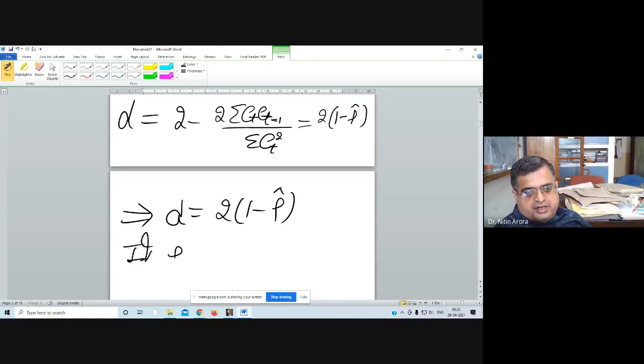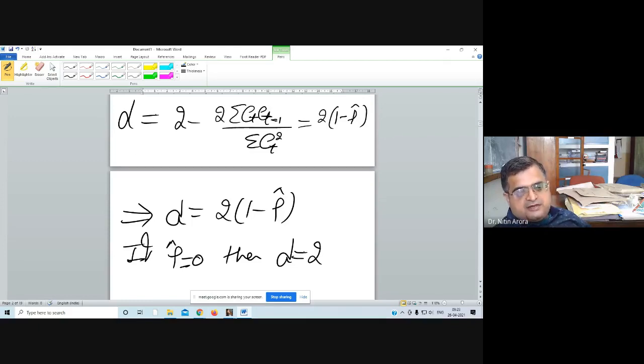If there is no autocorrelation, that is rho cap is equal to 0, then Durbin-Watson must be 2 into 1, that is 2.